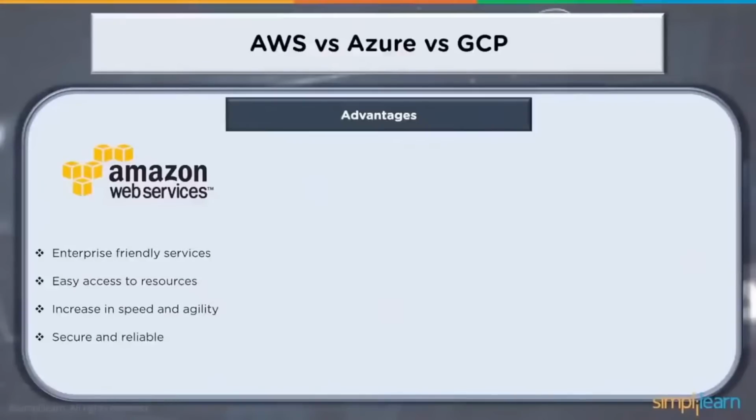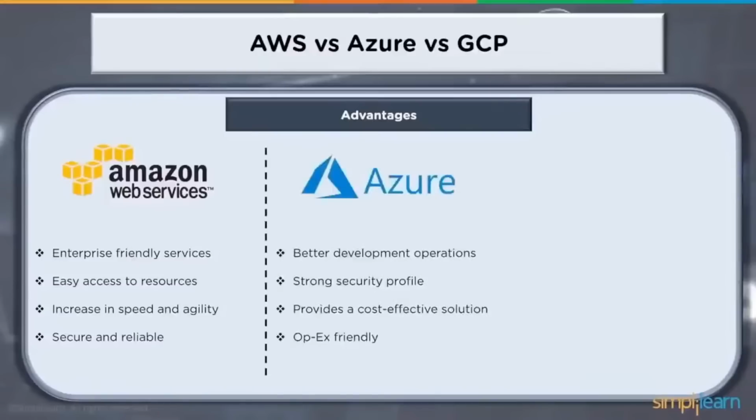When it comes to advantages, Amazon Web Services has enterprise-friendly services, easy access to resources, increase in speed and agility, and that too on demand, and takes care of the security and reliability of the resources which are offered. When it comes to Azure, it has better development operations, a strong security profile, provides a lot of cost-effective solutions, and is operation execution friendly.